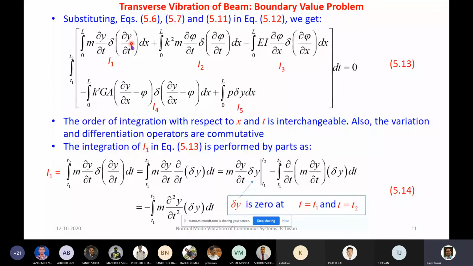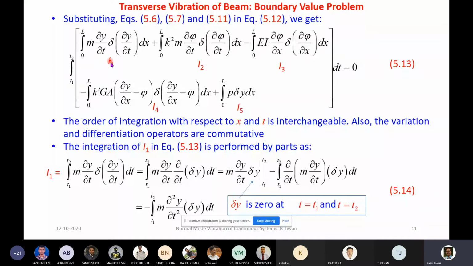Here two generalized coordinates are there, y and phi. In the first term, y is there. Here we need to do integration by parts so that one derivative can be reduced. But the integral inside is over the spatial coordinate 0 to L, and we know the property of the integral that we can change the order of integration without any problem.